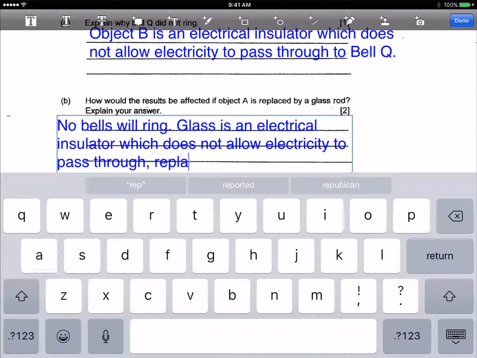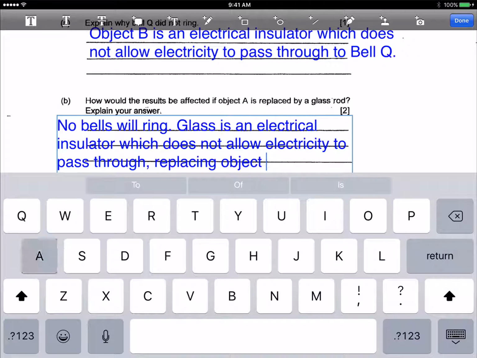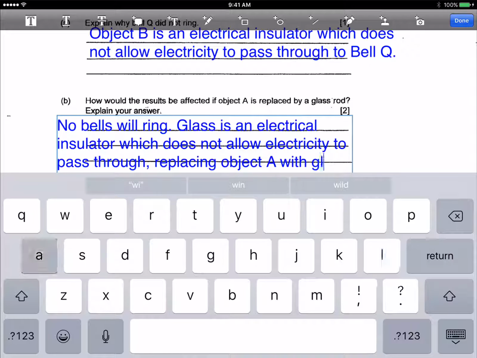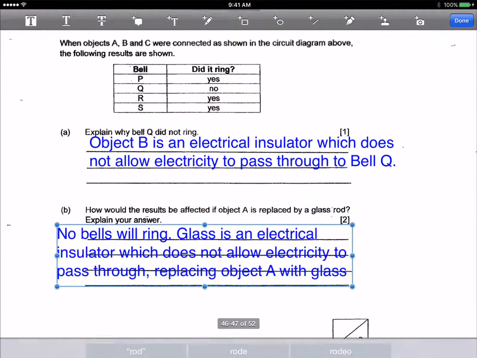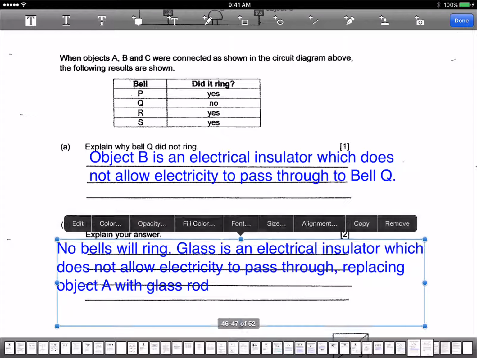So replacing object A with a glass rod. If you replace the object A with a glass rod, what happens to the whole circuit? Is it closed or open?